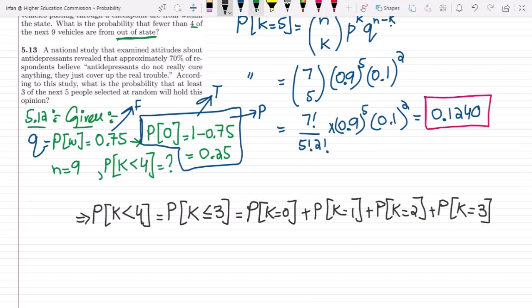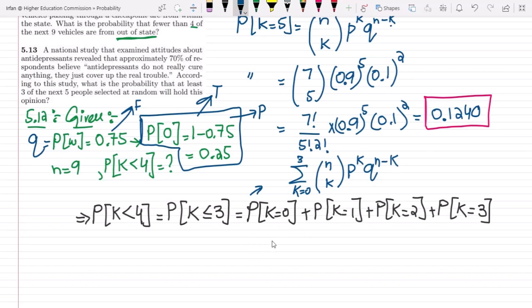Let me use this blue color. We can also write it as the probability of k equal to 0 up to 3, and writing the formula, because each one corresponds with the binomial probability law: n choose k, p to the power k, and q to the power n minus k.